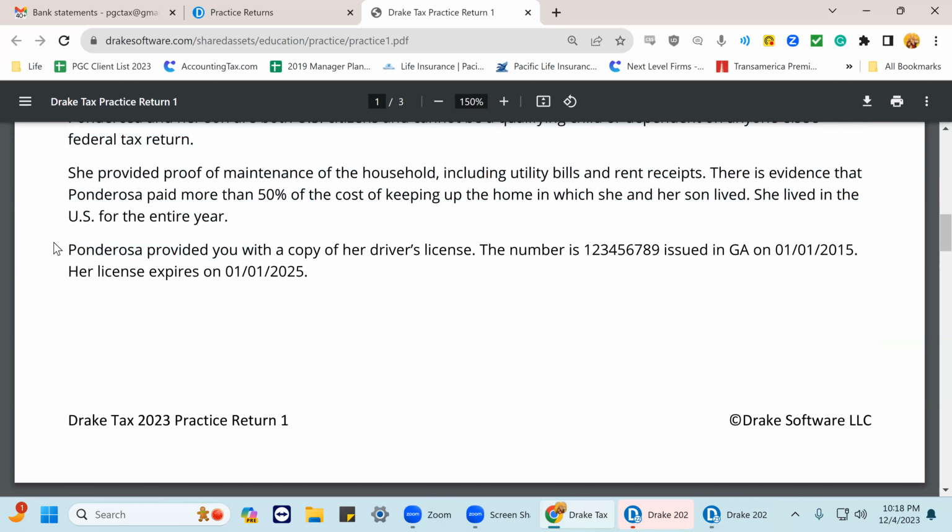Ponderosa provides you with a copy of her driver's license. The number is 1234567, issued in Georgia on January 1st, 2015. Her license expires on January 1st, 2025.